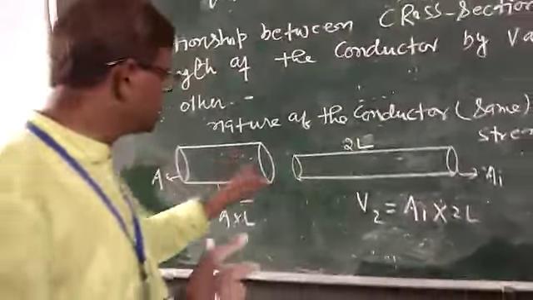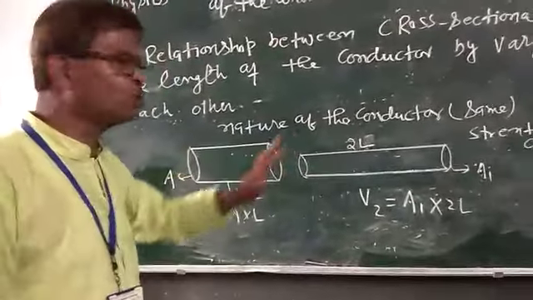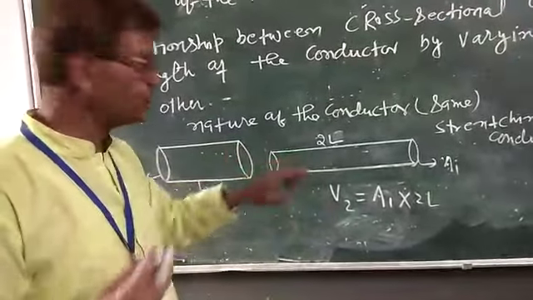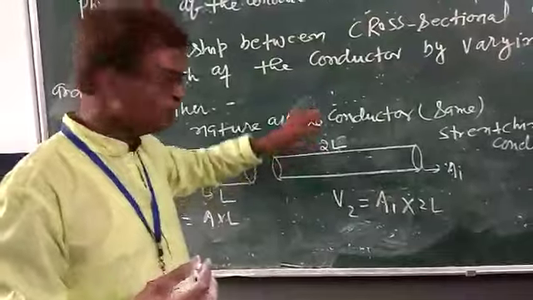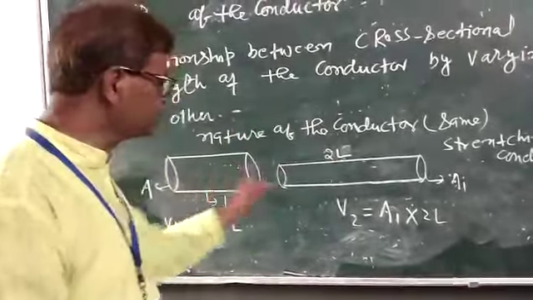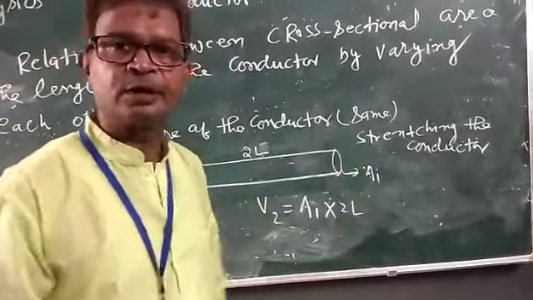It means the nature of these two conductors is the same. In the other case, this conductor has twice the length of the previous one, and its cross-sectional area is, let us suppose, A1.